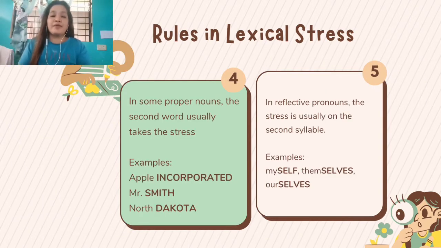In some proper nouns, the second word usually takes the stress. For example, North Dakota, Mr. Smith, Apple Incorporated. Can you see the stress is on the second word in some proper nouns?